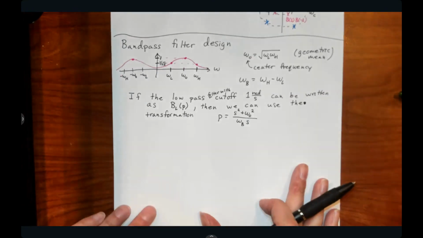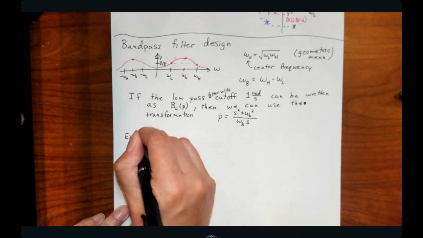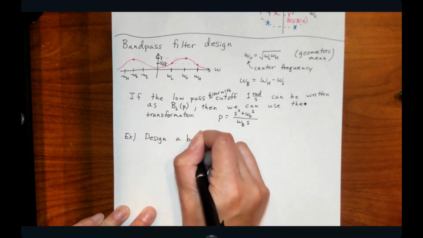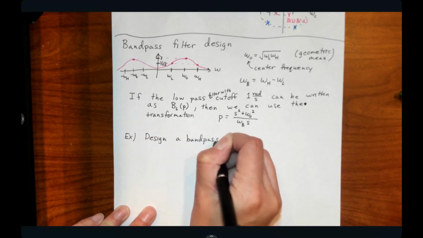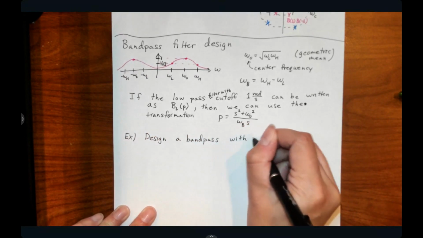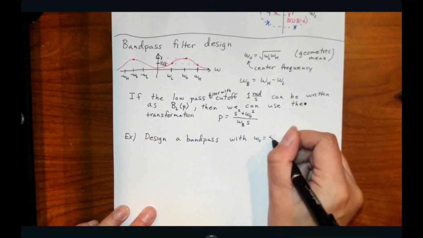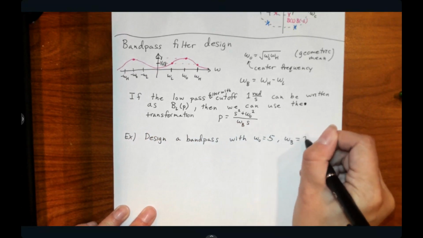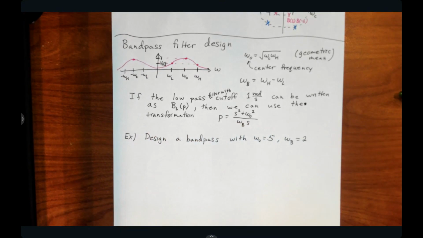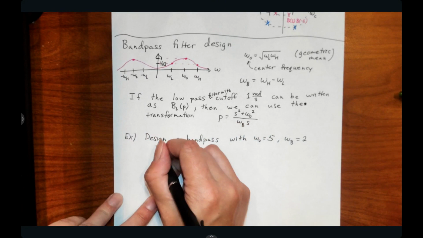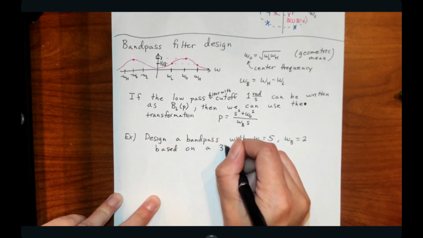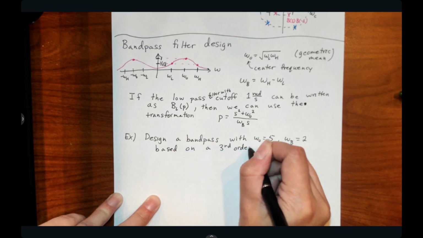So if we had, for example, here, we want to design a bandpass. And this bandpass is going to have a center frequency of 5 radians per second and a bandwidth of 2. And I want to do this using our third order low pass.